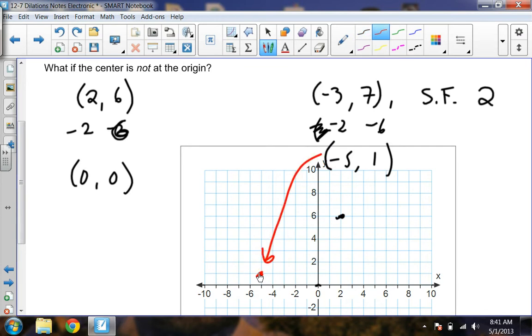Now we're at the point -5, 1, and now we can use the scale factor of 2, and that will properly put us over to this designed point.